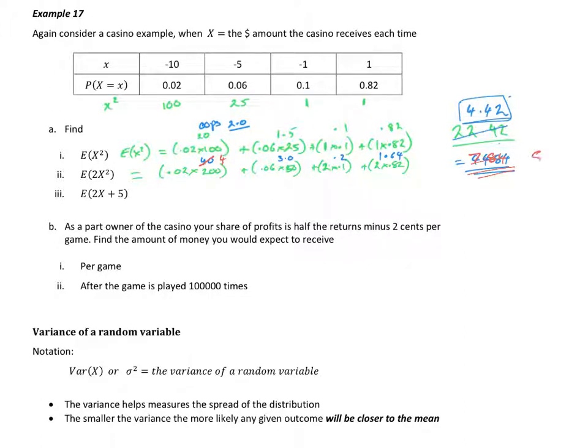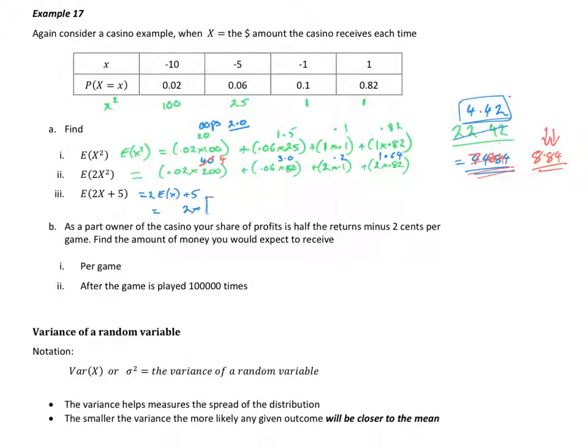So the expected value of 2x plus 5, from that little rule, is 2 times the expected value of x plus 5. Now the expected value of x, I can't remember, so let's work it out again.